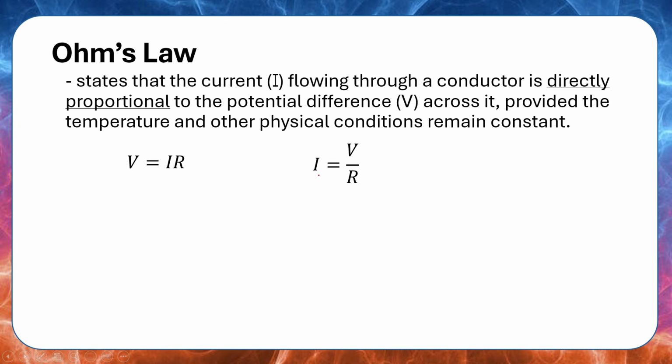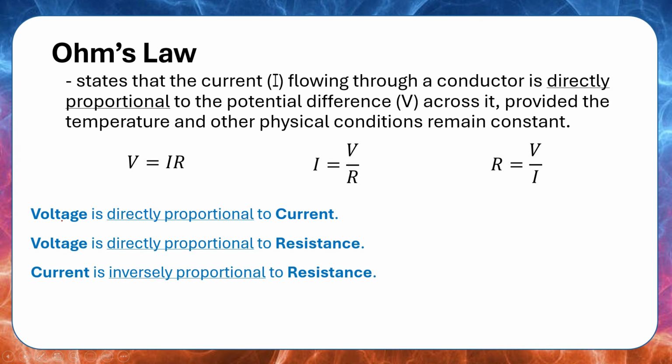If you're asked for the current, you can manipulate the formula and it becomes I is equal to V over R, and for resistance, R is equal to V over I. Keep in mind, voltage is directly proportional to current. So why? Voltage here and current here, they are both in numerator and numerator. That's why they are directly proportional.